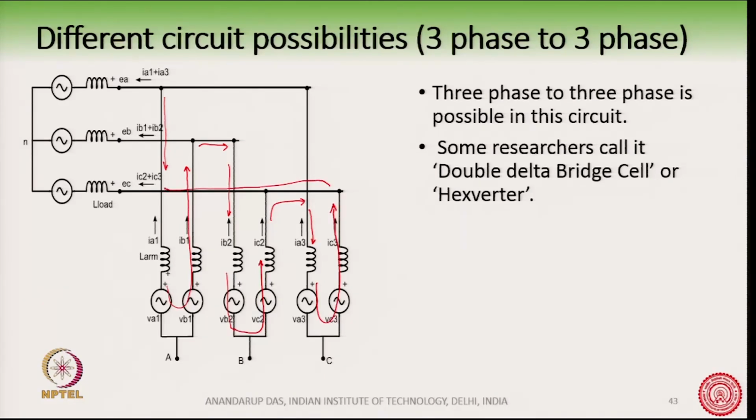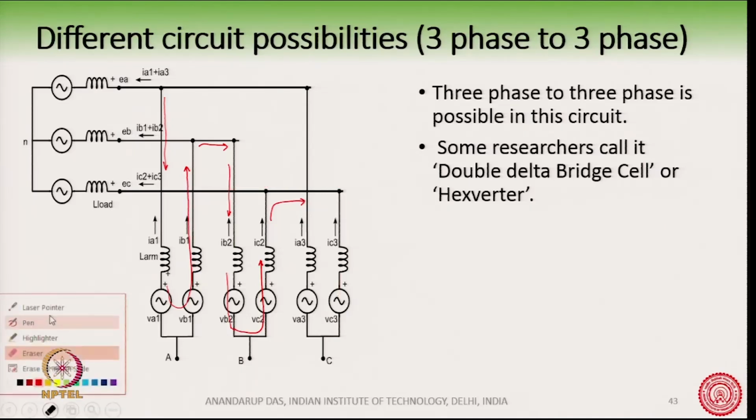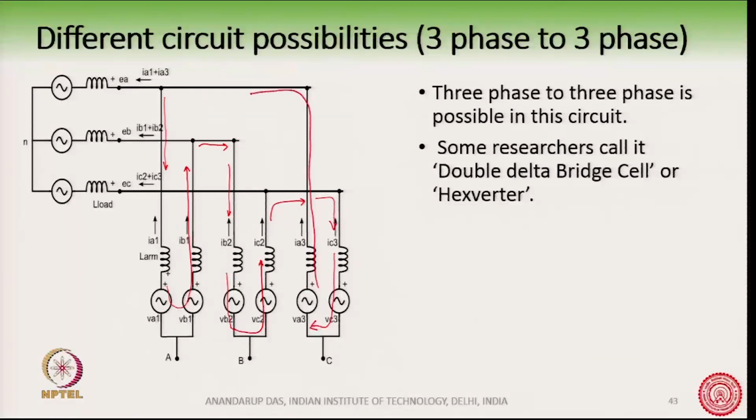Okay. Sorry, I have made a mistake, not this one, it does not go back here. It goes back through here and through here. Okay. So, this is the path of the circulating current.